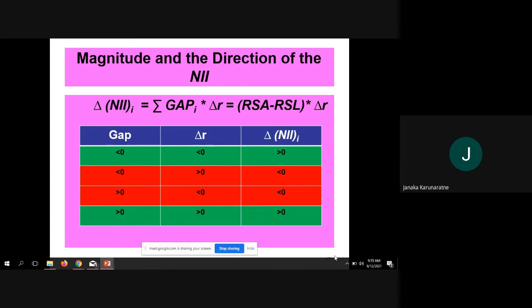So if you have a negative gap, then go to the second column. Delta R is less than 0. What do you mean by that? Some of you are in the risk area, so probably you know.